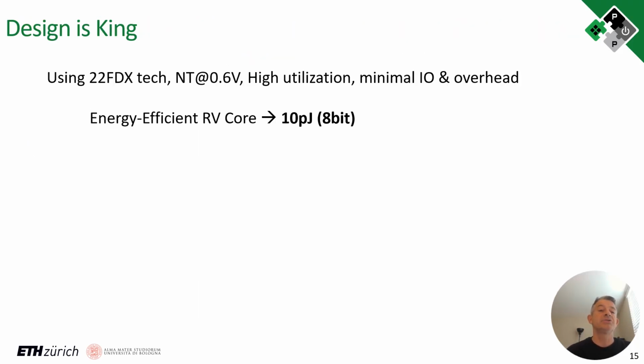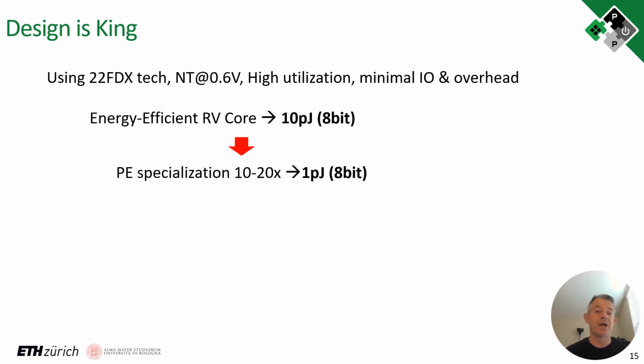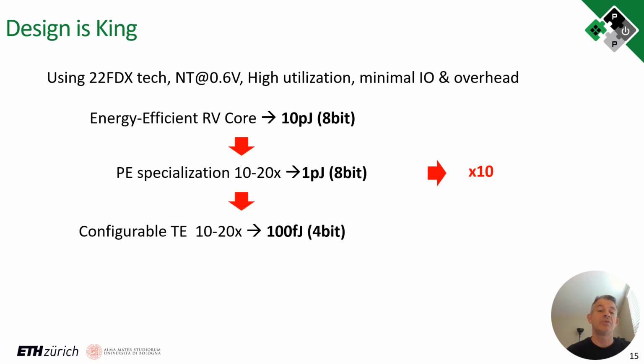Now, this chip, implemented in 22 nanometer technology, powered at 0.6 volts, achieved the following efficiency. Moving from 10 picojoule per operation for a vanilla RISC-V core, we can gain one order of magnitude with instruction specialization, as clarified before. Then we can get another order of magnitude by coupling the specialized cores with tensor engines.